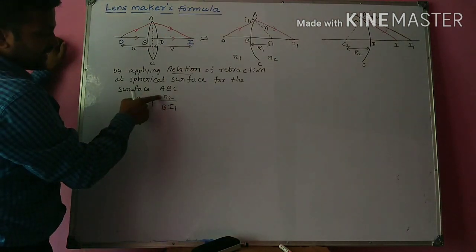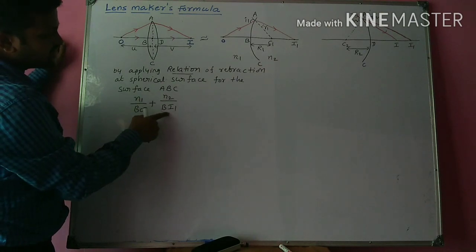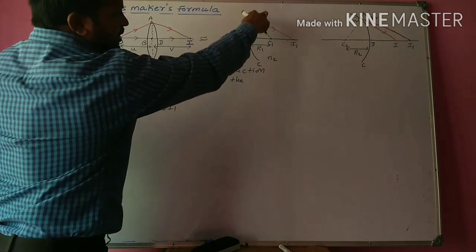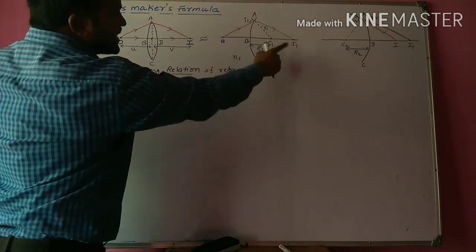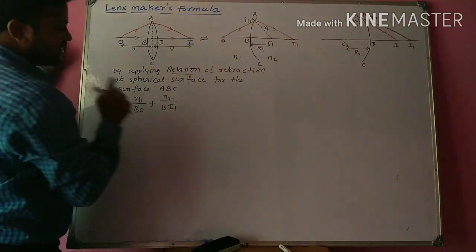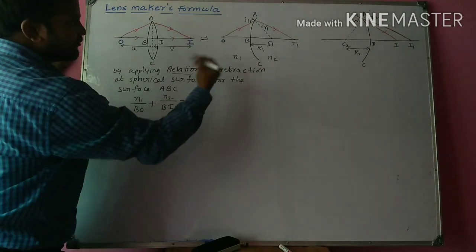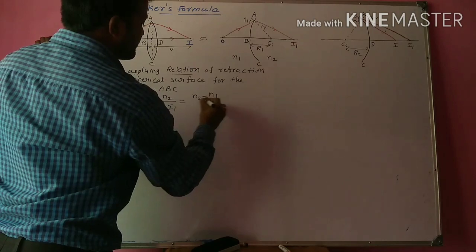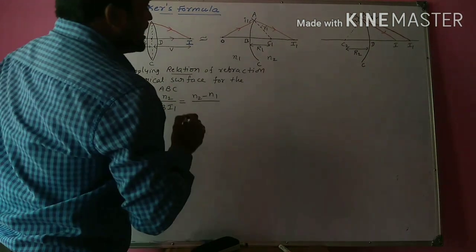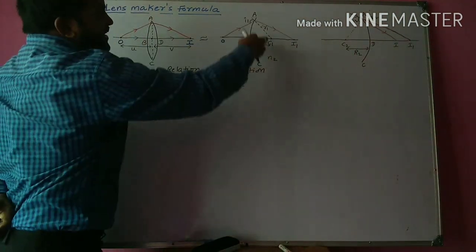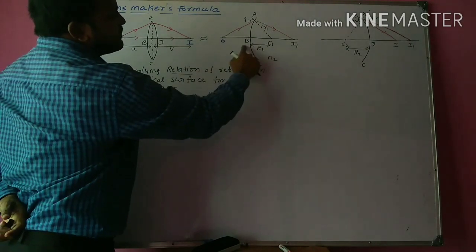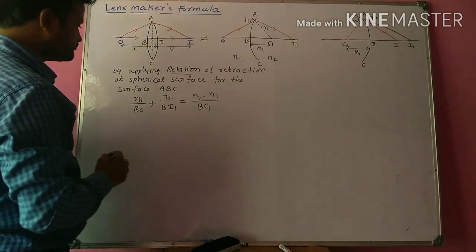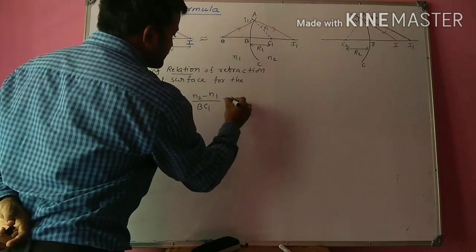The image is formed at I1 due to this ABC surface, so the image distance is BI1. This equals the difference of the refractive index, N2 minus N1, over the radius of curvature for the spherical surface ABC, which is BC1. After that we will substitute the values. Let it be equation number 1.